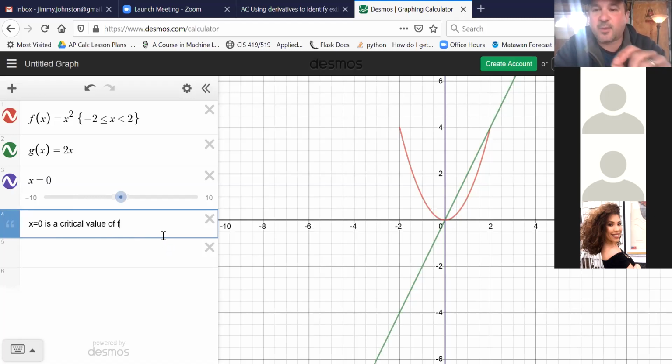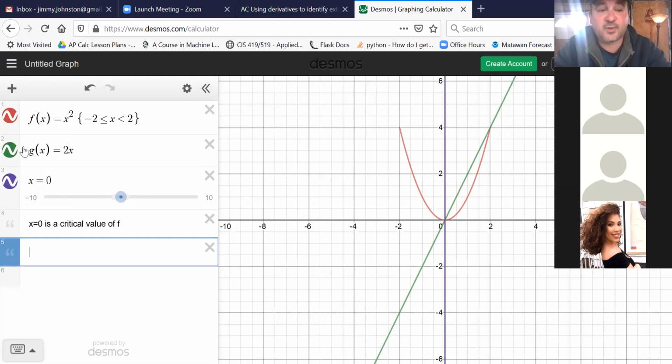Back to now, what about the global max or mins given this restricted domain? Okay, there is a global max, a global absolute. I actually usually use absolute more than global. So there's an absolute max at x equal to -2.